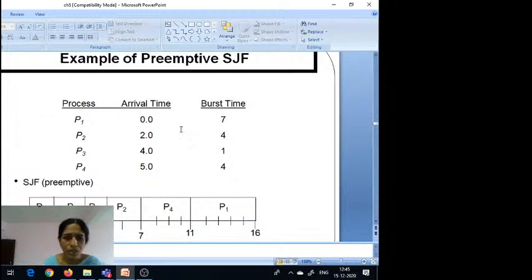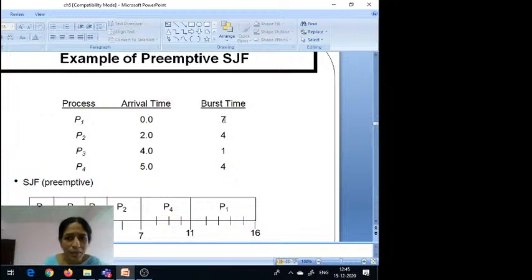P1 has a burst time of 7 milliseconds. After completion of 2 milliseconds, P2 arrives, and its burst time is 4 milliseconds.